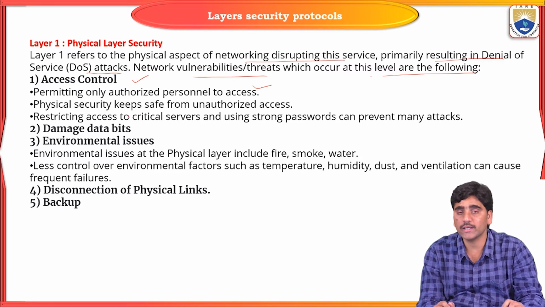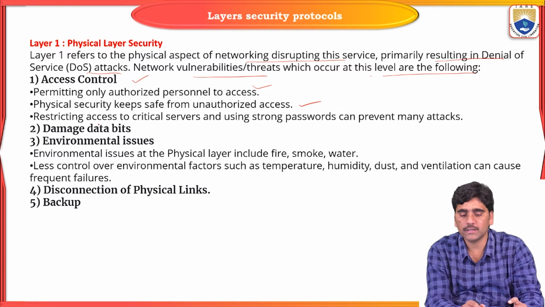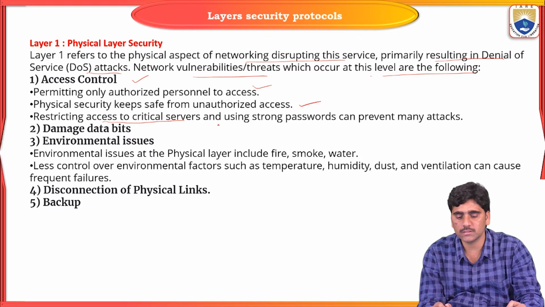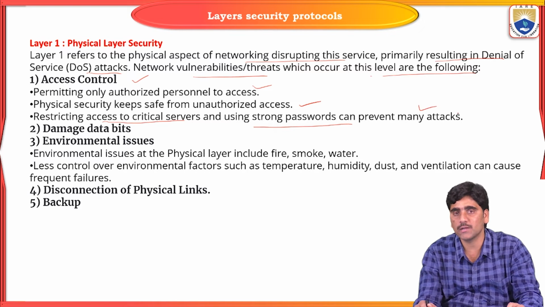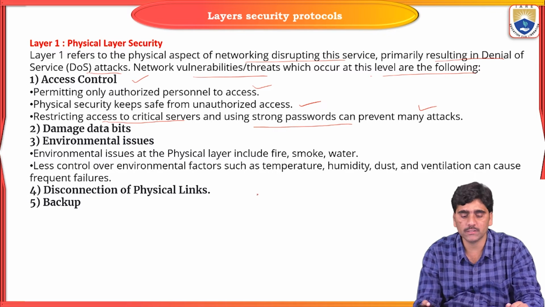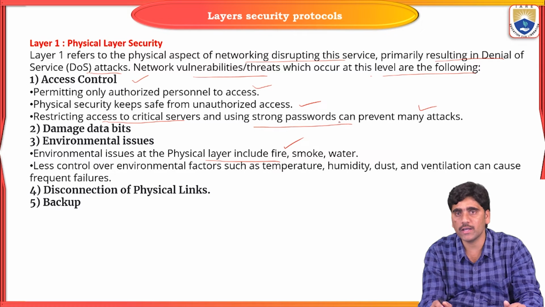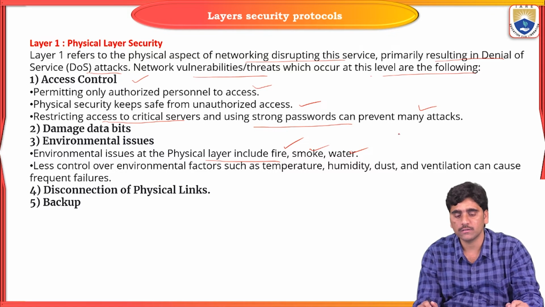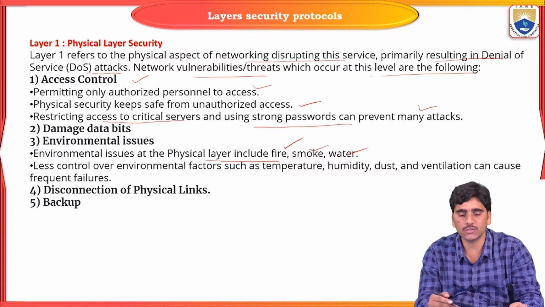Physical security means keeping the system safe from unauthorized access, and restricting access to critical servers and using strong passwords can prevent many attacks. The second is damage to data bits, and the third is environmental issues related to the physical layer, which include fire, smoke, or water that lead to data loss.